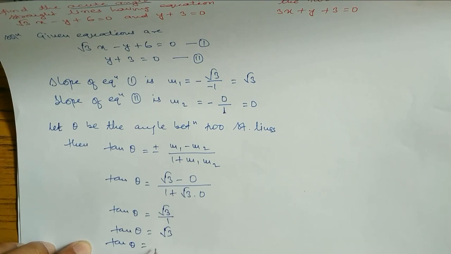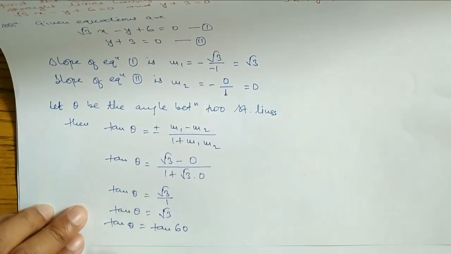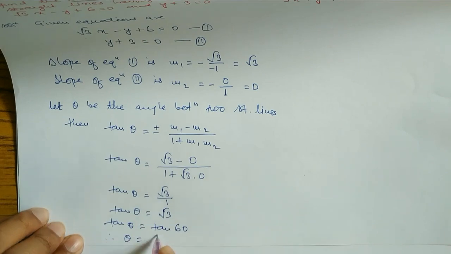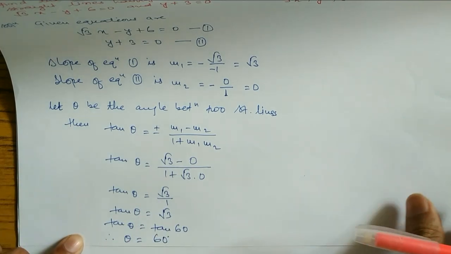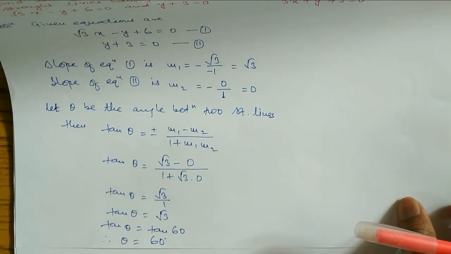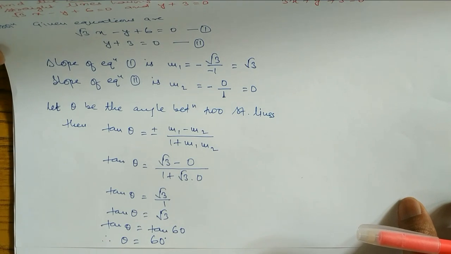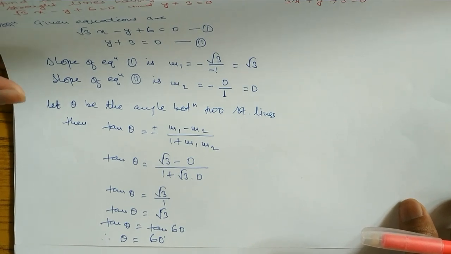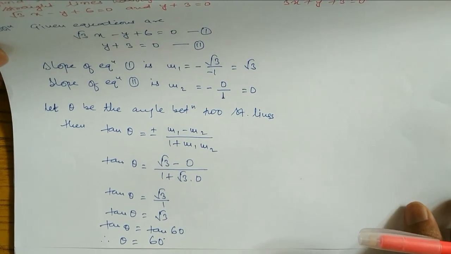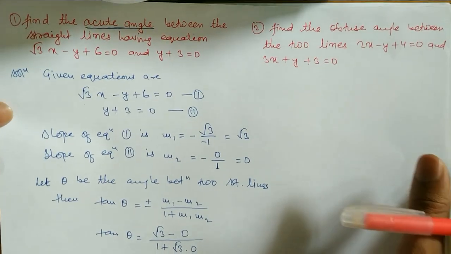Tan theta is equal to tan 60. Therefore, theta is equal to 60 degrees. Acute angle lies between 0 to 90 degrees, so theta is equal to 60 degrees is the answer. Hope you understand this answer. Now we are going for the next question.